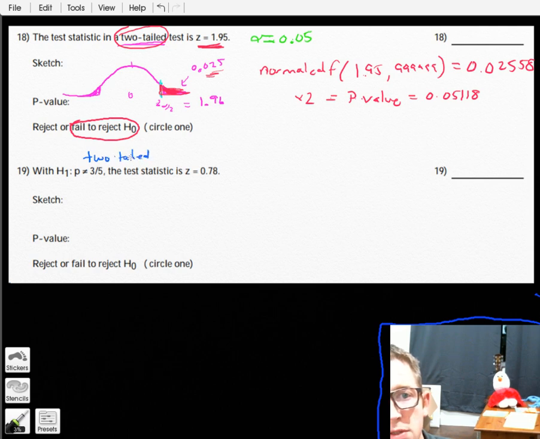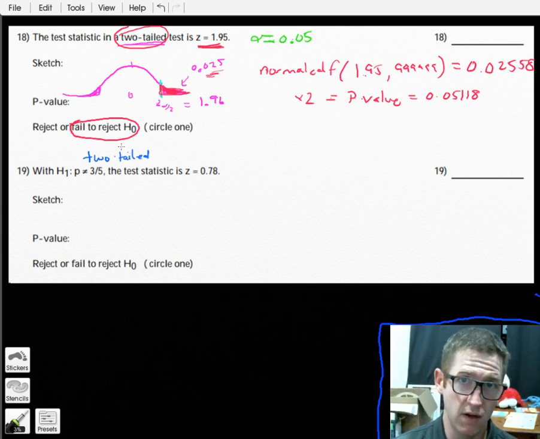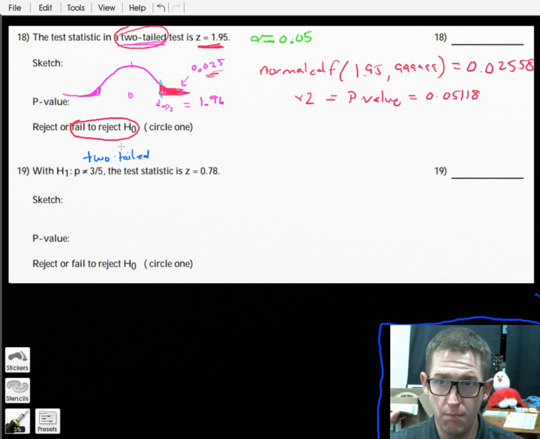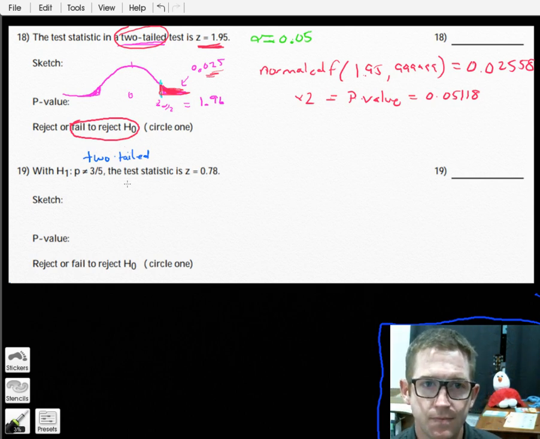Because not equal to is not saying greater than or less than, it's not specifying one direction. So it doesn't matter if I'm bigger or less. I could go in either direction to prove this wrong, or to reject it anyway. So that's all that this is doing for us, showing that it's a two-tailed test.